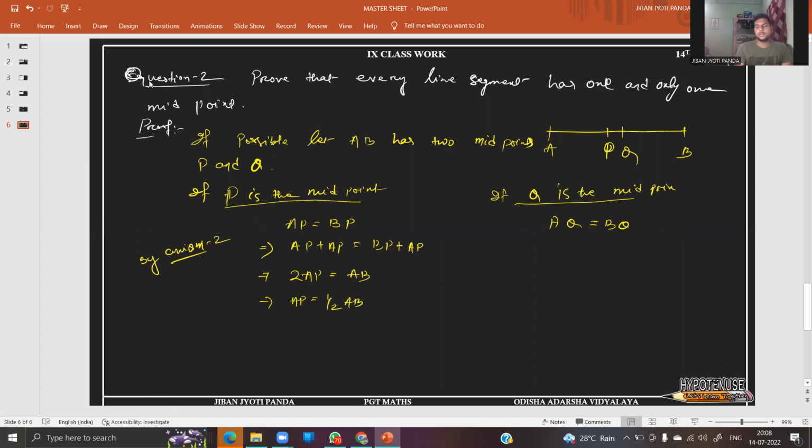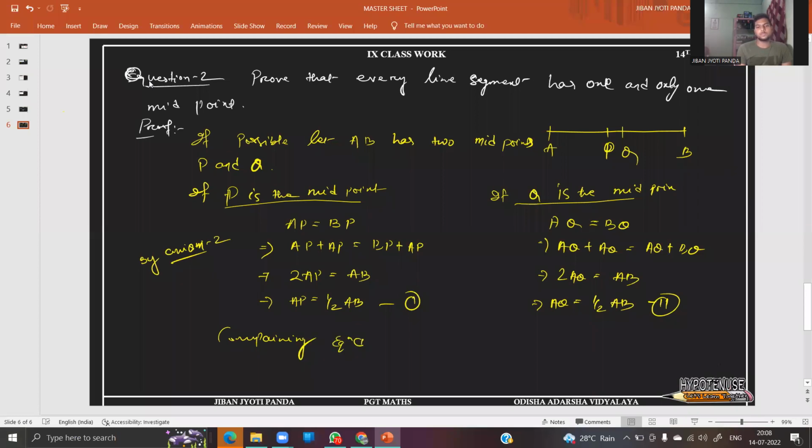Similarly, this side, AQ plus AQ is equal to AQ plus BQ. So this gives us 2AQ is equal to AB. Implies that AQ is equal to half of AB. So this is equation number 1. This is equation number 2. Comparing equation 1 and equation 2, or you can say if same things are equal to same thing, they are equal to each other.